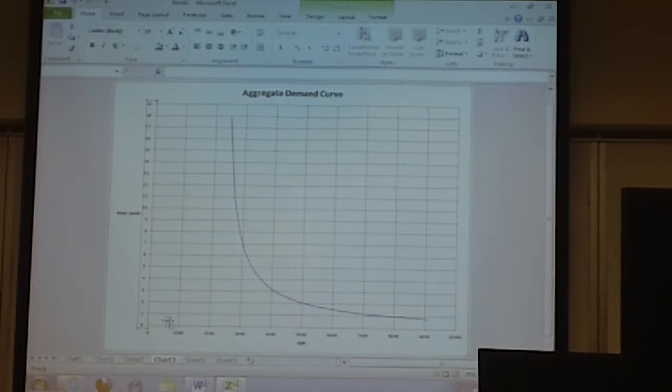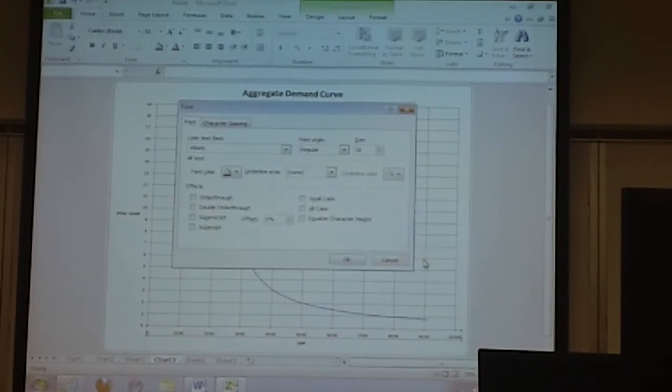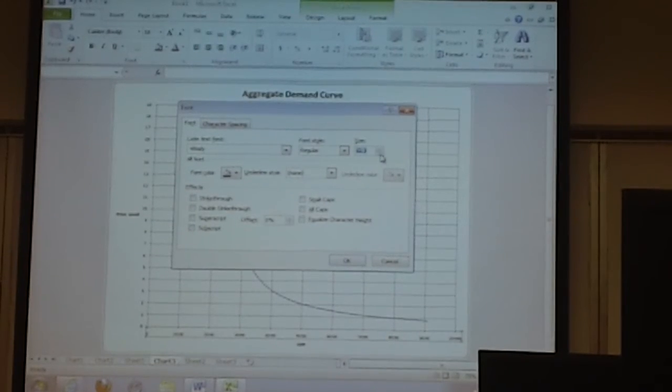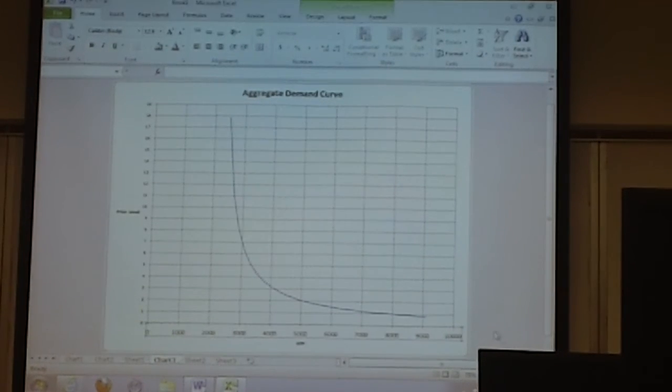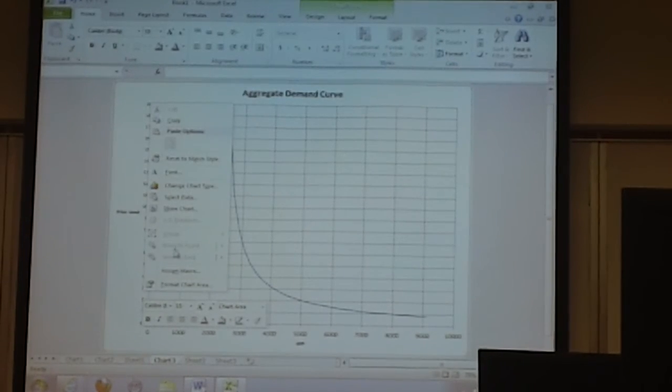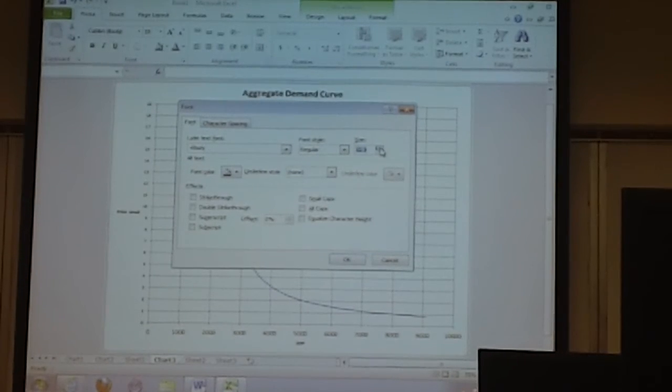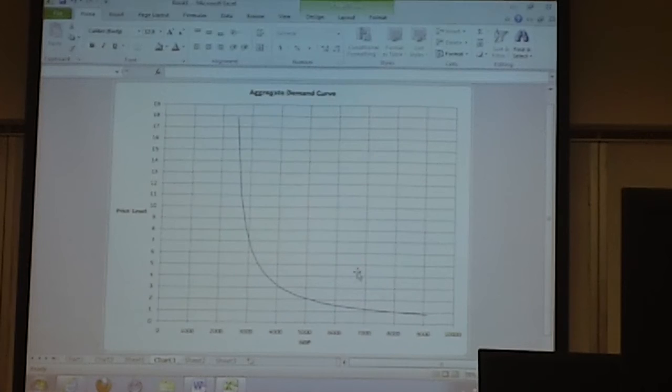Now you can see when the price level is at one, we intersect over here with the aggregate demand curve and come down at one.